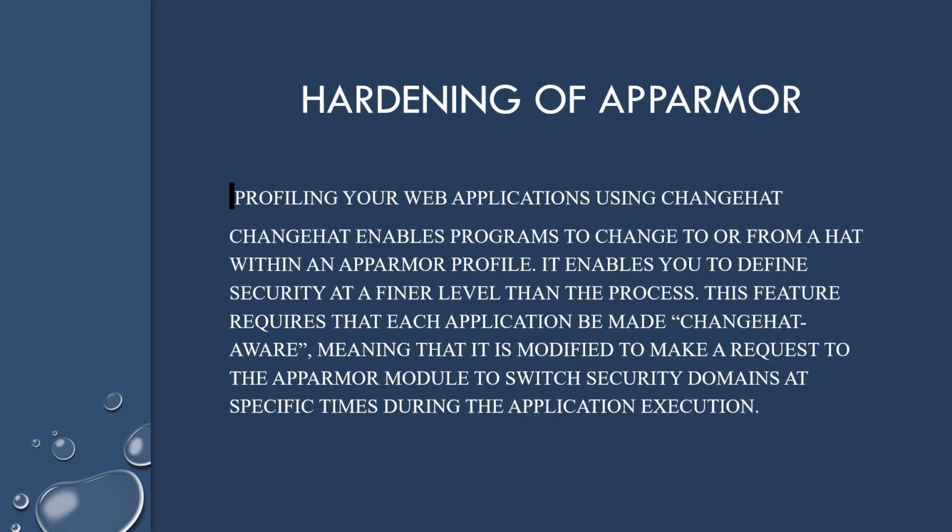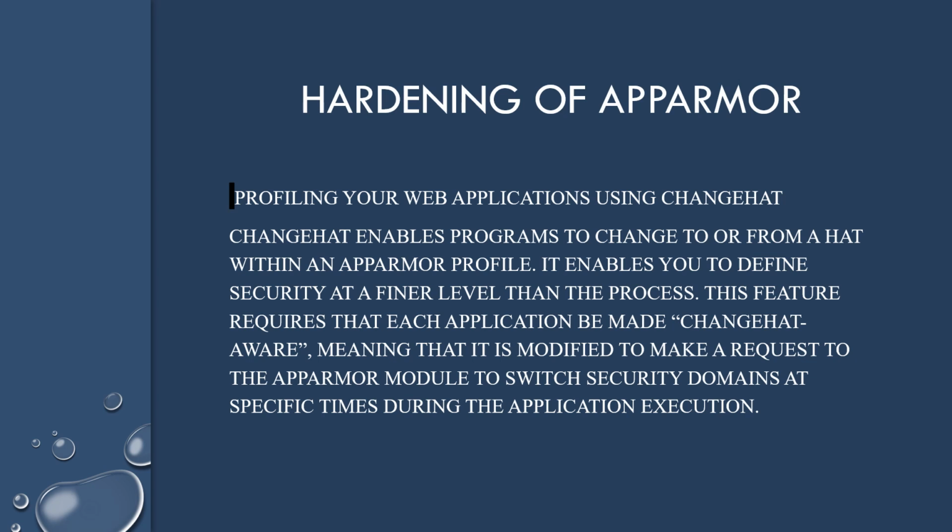The second hardening of AppArmor is called profiling your web application using ChangeHat. ChangeHat enables programs to change to or from a hat within an AppArmor profile. It enables you to define security at a finer level than the process.